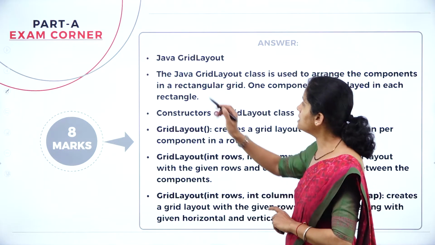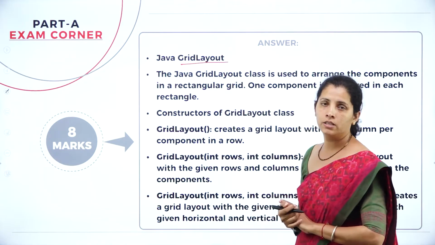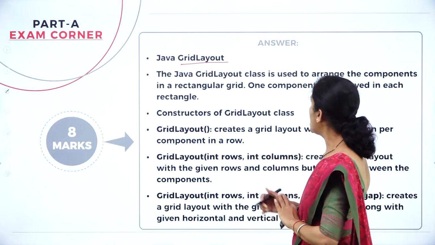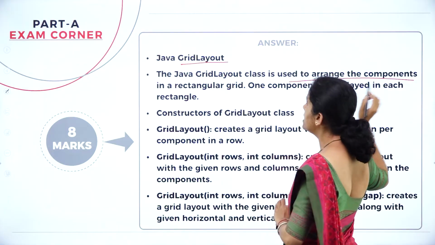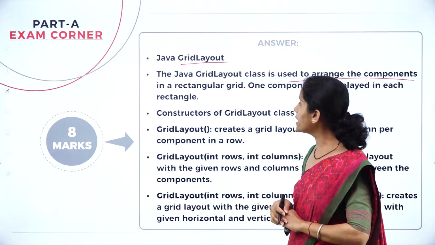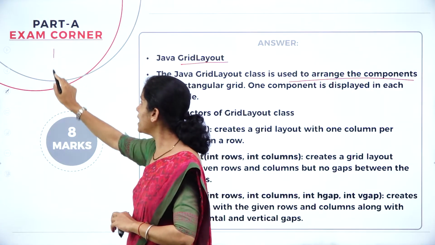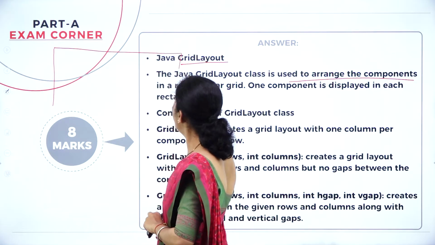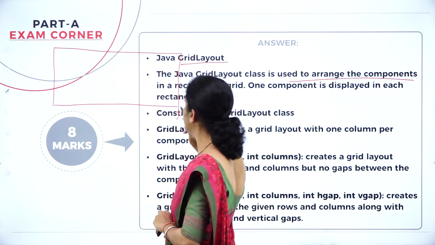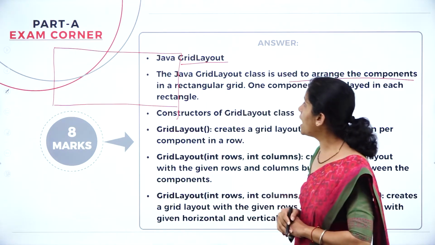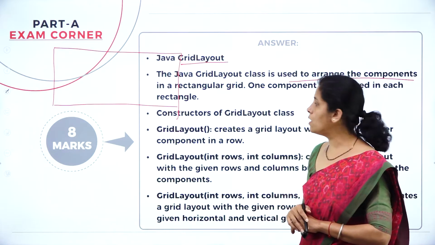Now, if I consider grid layout, the Java grid layout class is used to arrange the components in a rectangular grid. Okay, suppose if I want to arrange all the components in a rectangular grid, then I'm going to have the grid layout.